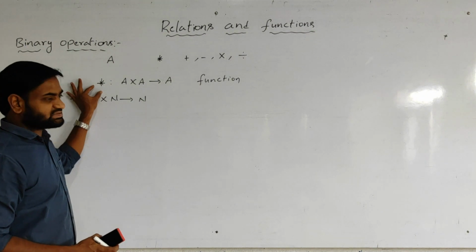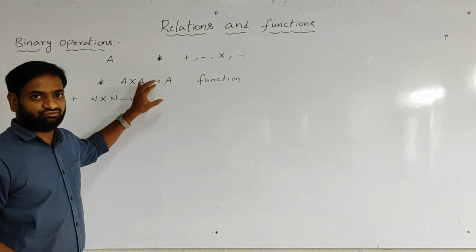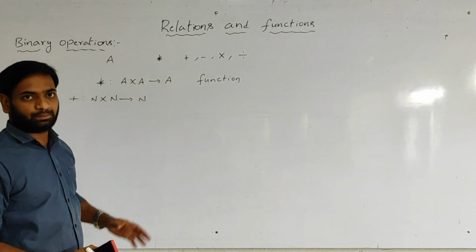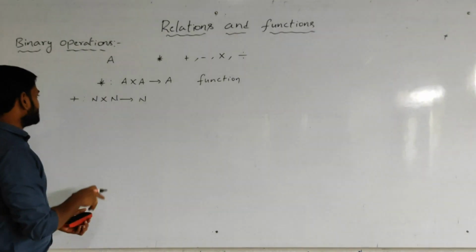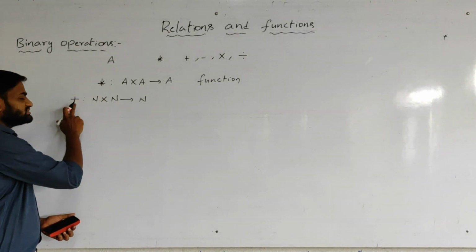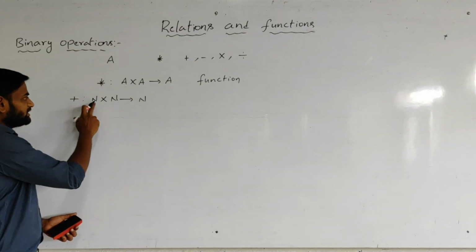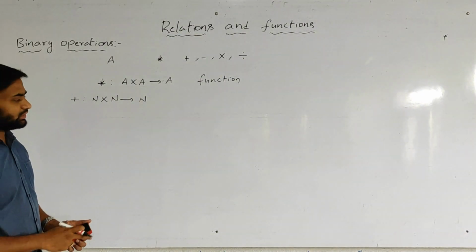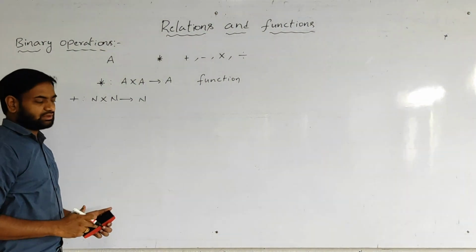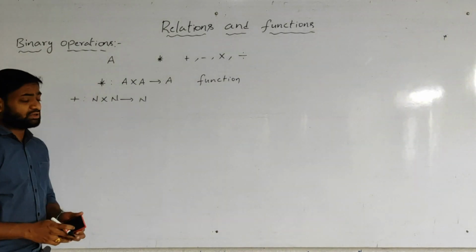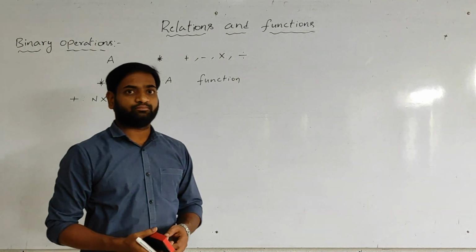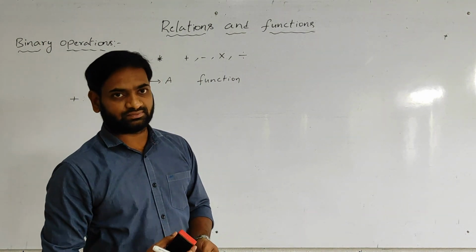So when the star is a function, then we can say star is a binary operation. Now I am taking an example. In place of star is addition, and in place of set A I am taking the natural number set, N cross N to N. Natural numbers start with 1, 2, 3 like that.